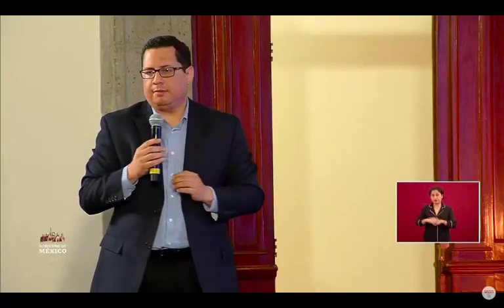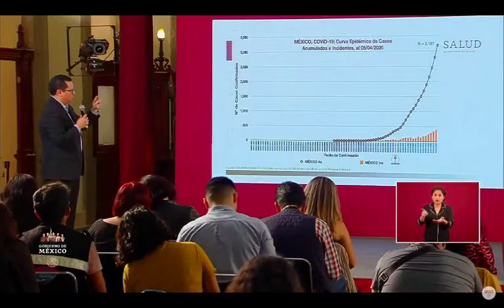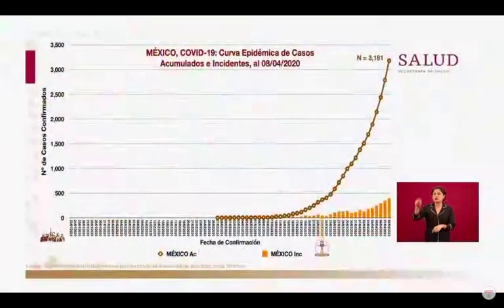Here we have the burden, the disease burden, the accumulated one, which is the epidemic curve, and we can see the highest point is the newest updated number, which is 3,181 cases.